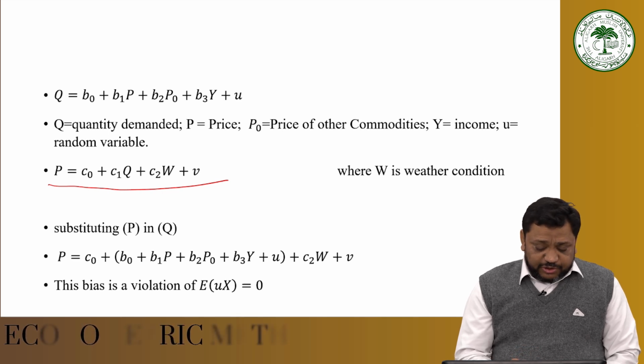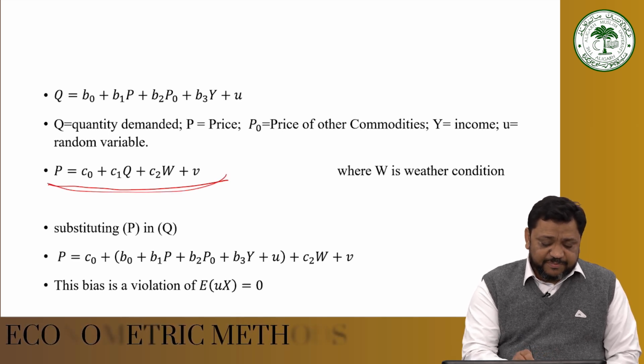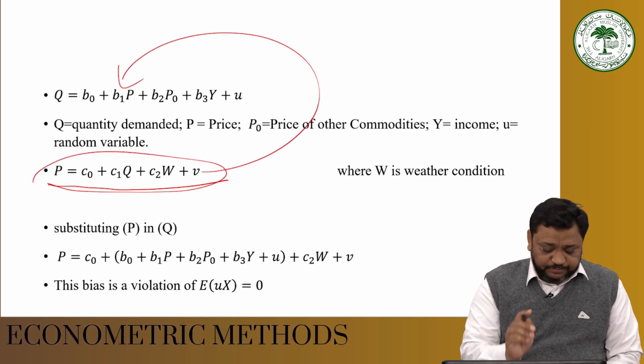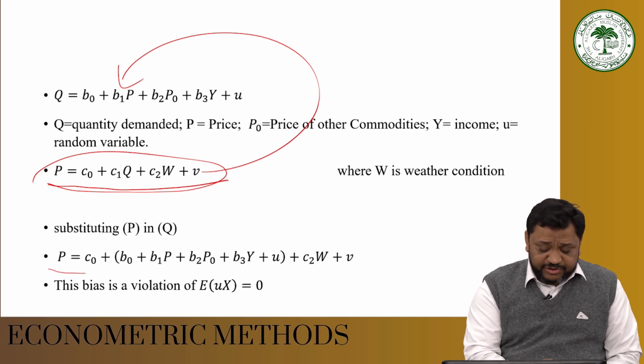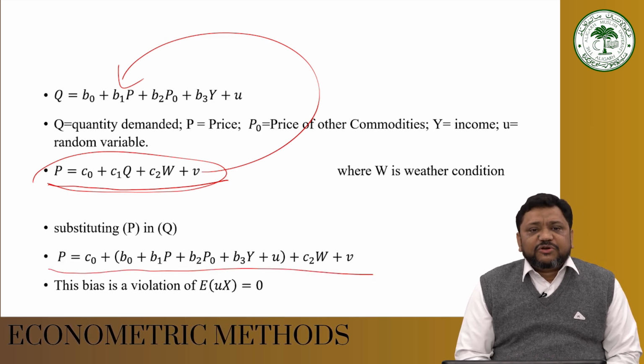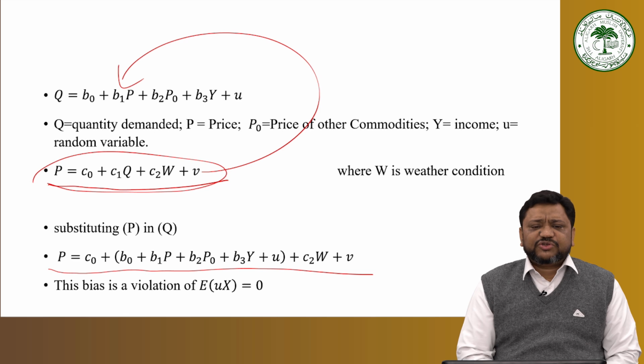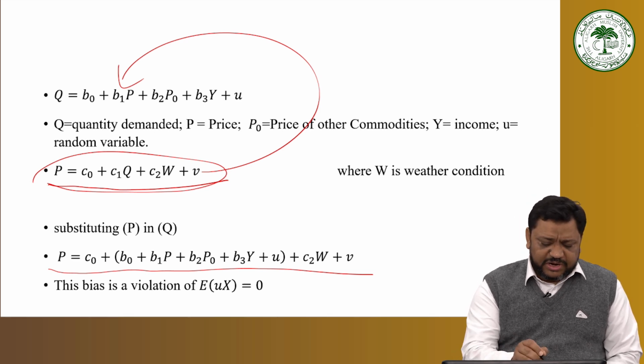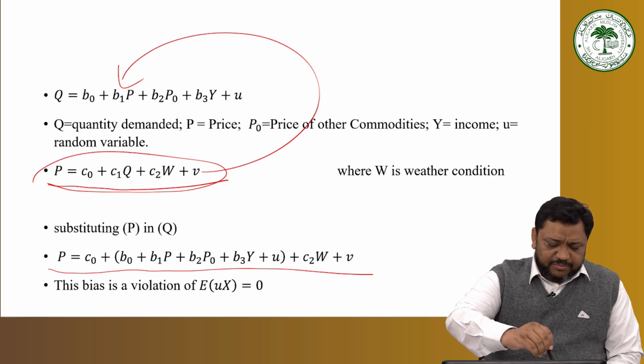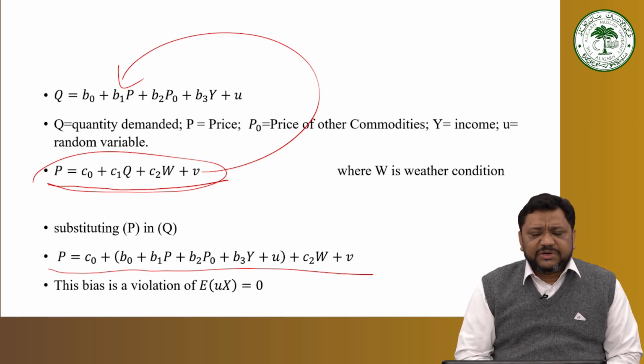Now if we substitute the demand function into the price function, we can write the equation P is equal to C naught plus, in the bracket, B naught plus B1P plus B2P naught plus B3Y plus U, plus C2W plus V. We are incorporating all the elements over here.